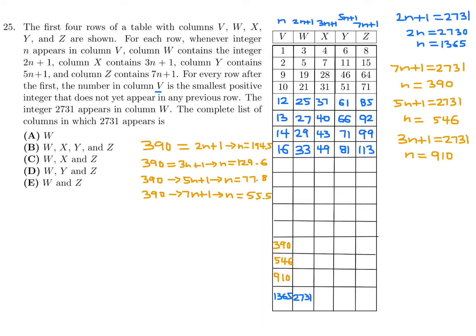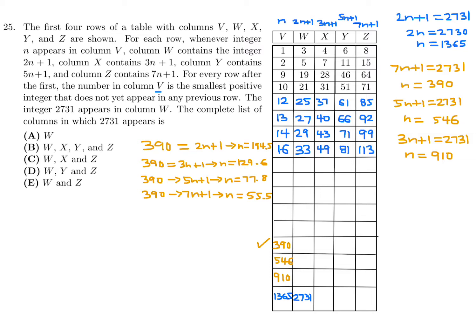So what that means is that since these are not integers, this 390 is never going to appear in W, X, Y, or Z because it's never of any of these forms, because n has to be an integer and none of these n's are integers. So that means that 390 does indeed appear here. So that is exactly what we needed.